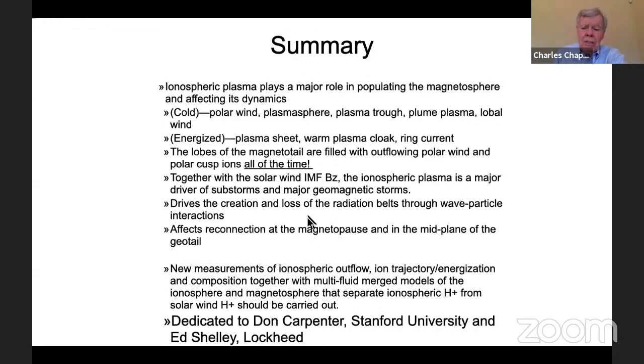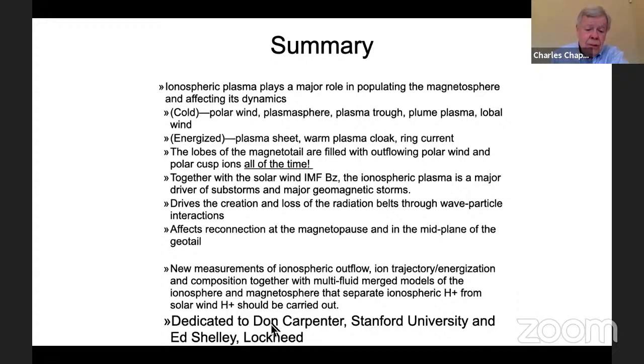This is a summary, which I won't go through, but it's basically what we talked about. I wanted to dedicate this talk to Don Carpenter at Stanford and Ed Shelley at Lockheed, both of whom unfortunately aren't with us anymore.